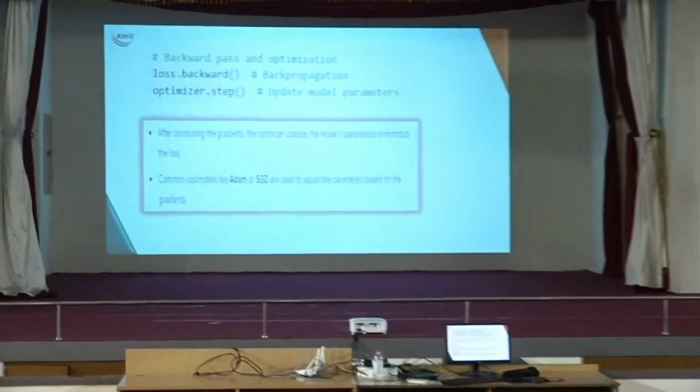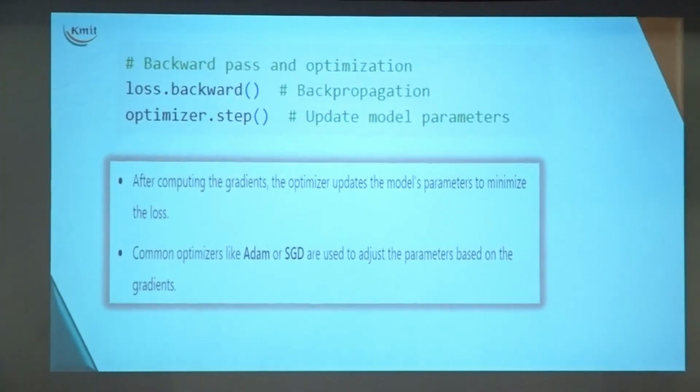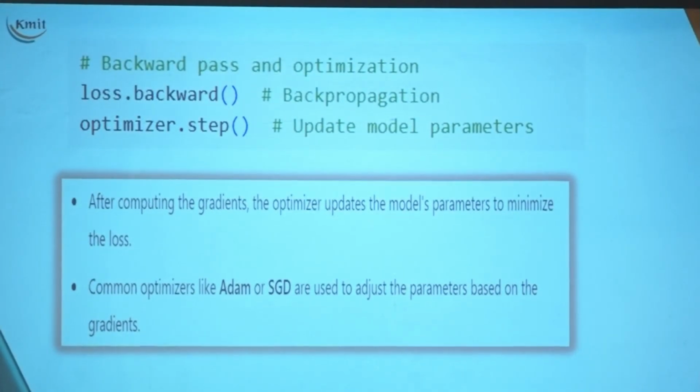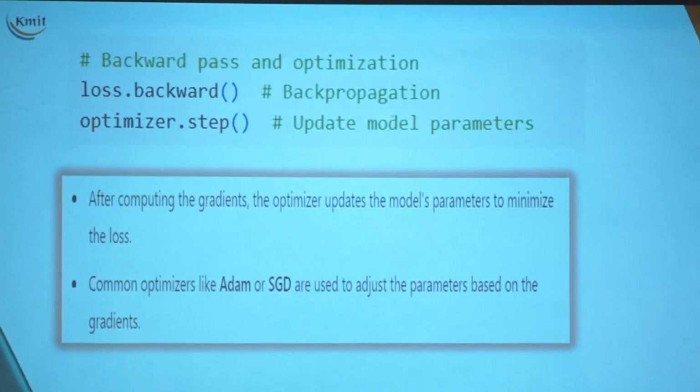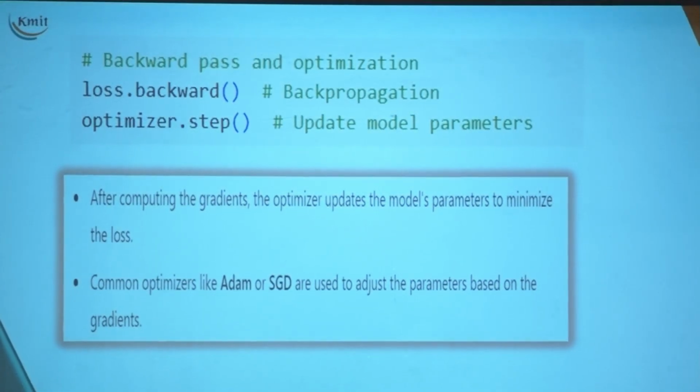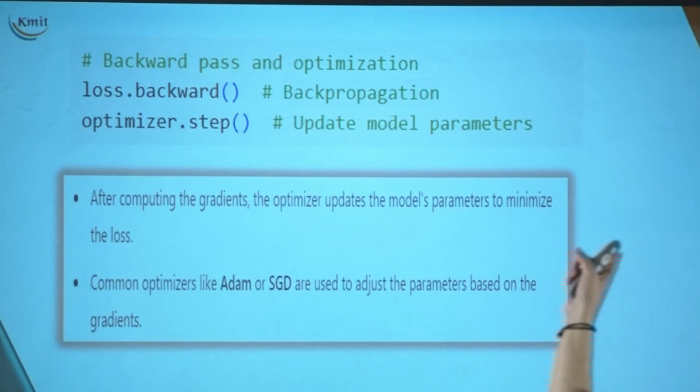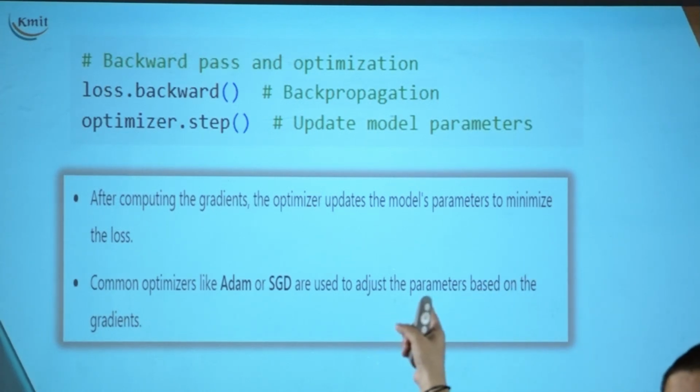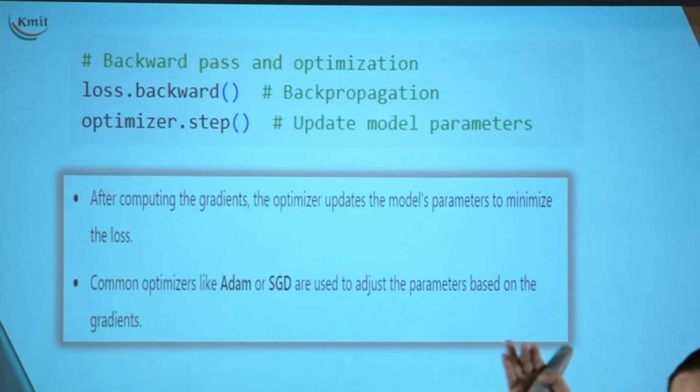After computing the gradients in back propagation, the optimizer will update the model parameters to minimize the loss. For that, you have to use optimizer.step. After forward pass and backward pass, use optimizer.step to update your model parameters.